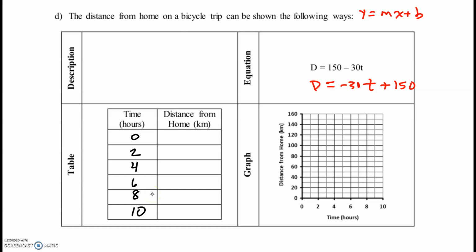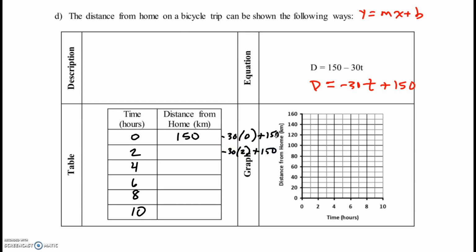So if it is a time of 0 hours, his distance from home, so we're subbing 0 in where t is. I'll just show the substitution. That would be negative 30 times 0 plus the 150. So we know negative 30 times 0 is 0, plus 150 is 150. The next one would be negative 30 times 2 plus 150.